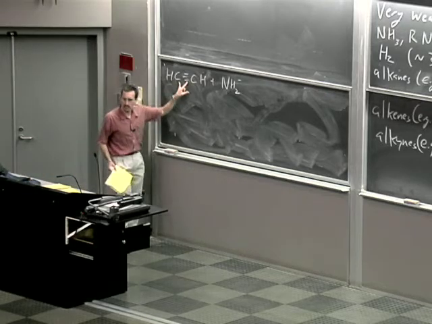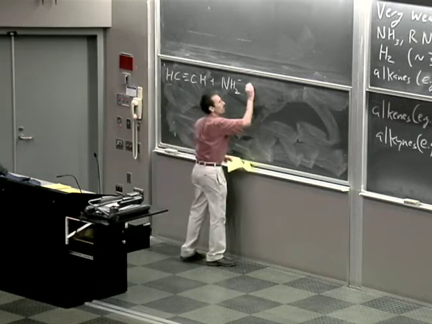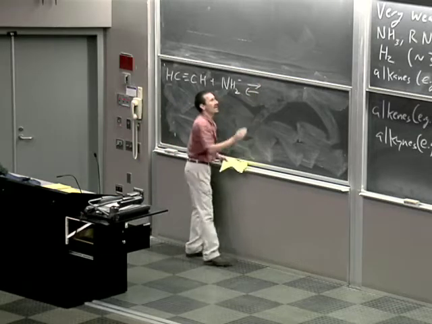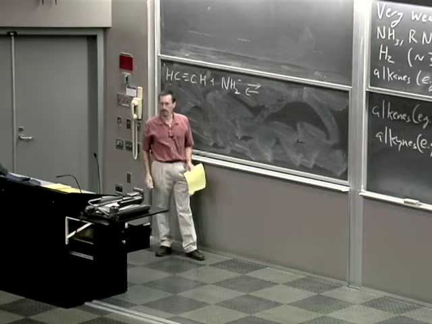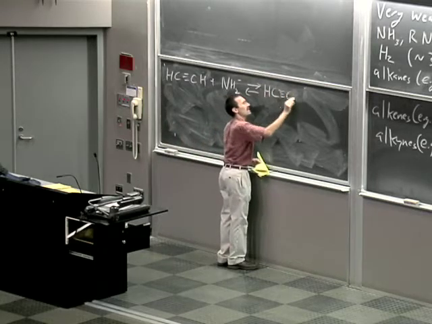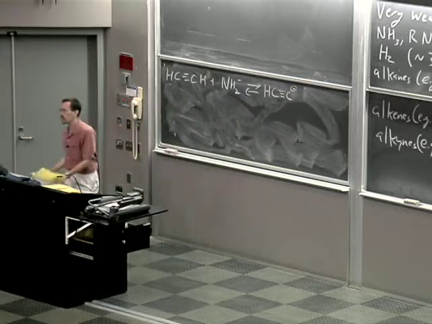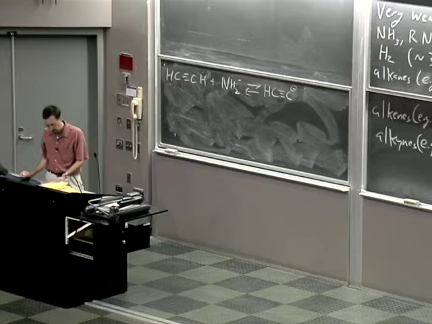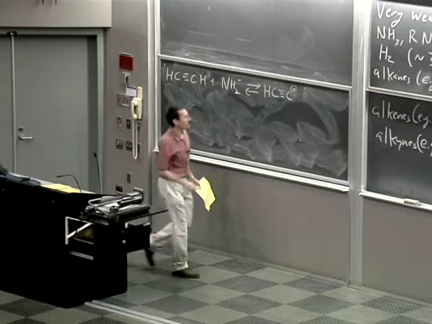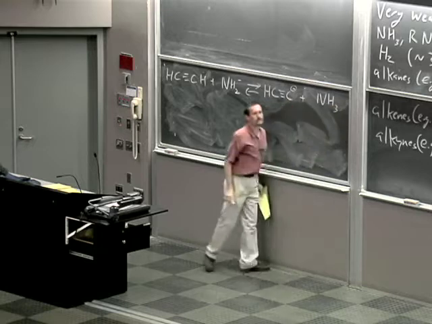If I mixed acetylene with sodium amide, we would also have an acid-base equilibrium. We would generate acetylide anion, and of course if we use sodium amide, sodium as the cation would come along for the ride, and we would generate ammonia.